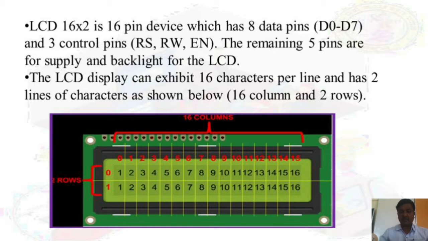In our programming we are going to use 16 cross 2 because we have to display on a 2-line LCD. Two lines of characters have to be shown, so that's why we have used 2 rows, and in each row 16 columns will be displayed.